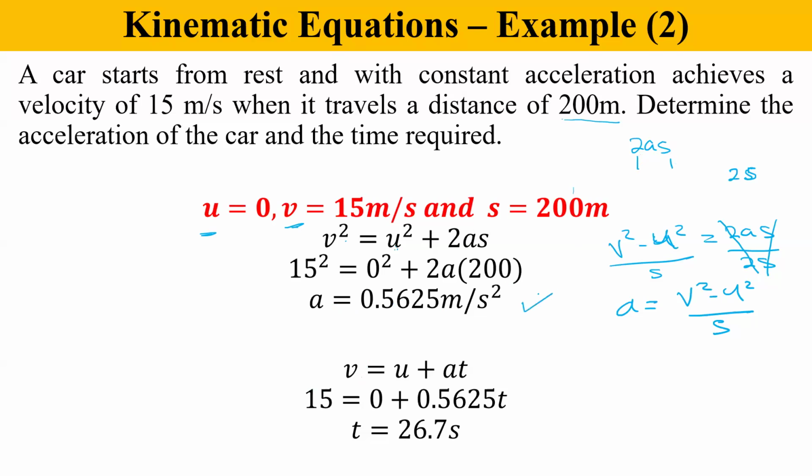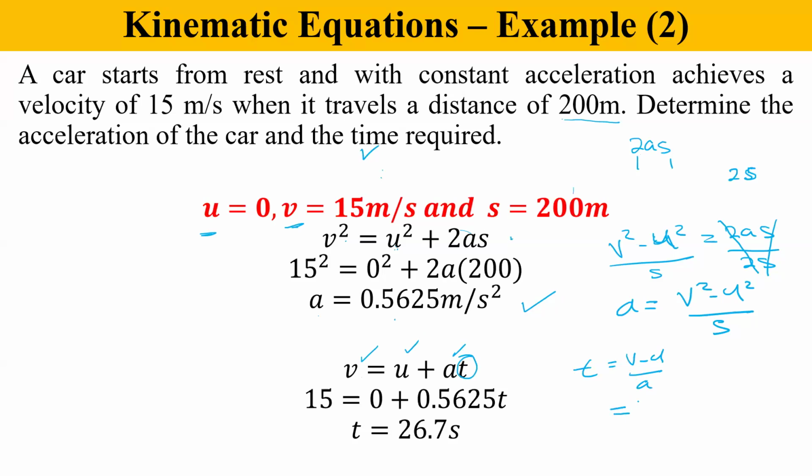But when you finish here, you only get acceleration. You want time also. So you know that you don't get the time from this fourth equation of motion because there's no time in it. You have to also use the first one now. Now that you have final velocity, initial velocity, and you have the acceleration, you still have an unknown, and you know that t is going to be equal to v minus u upon a, right?